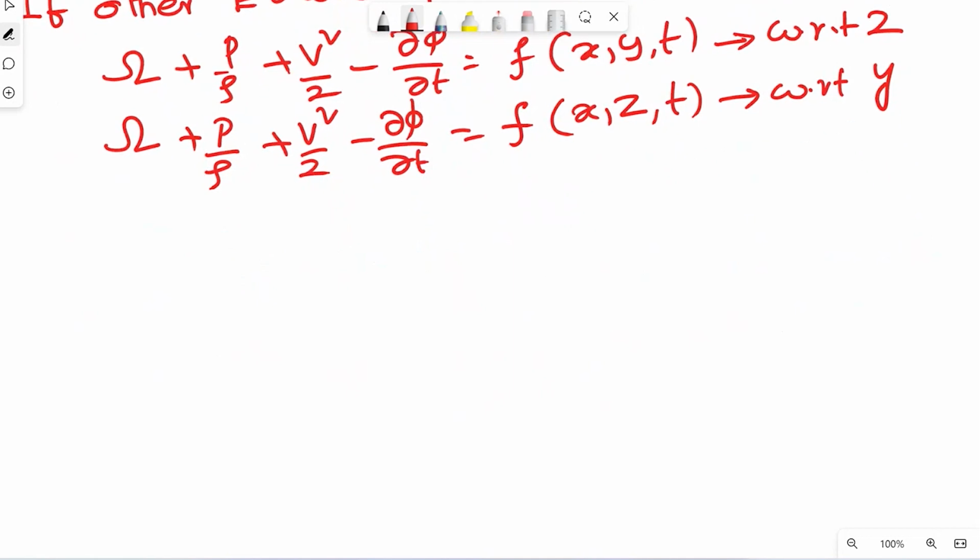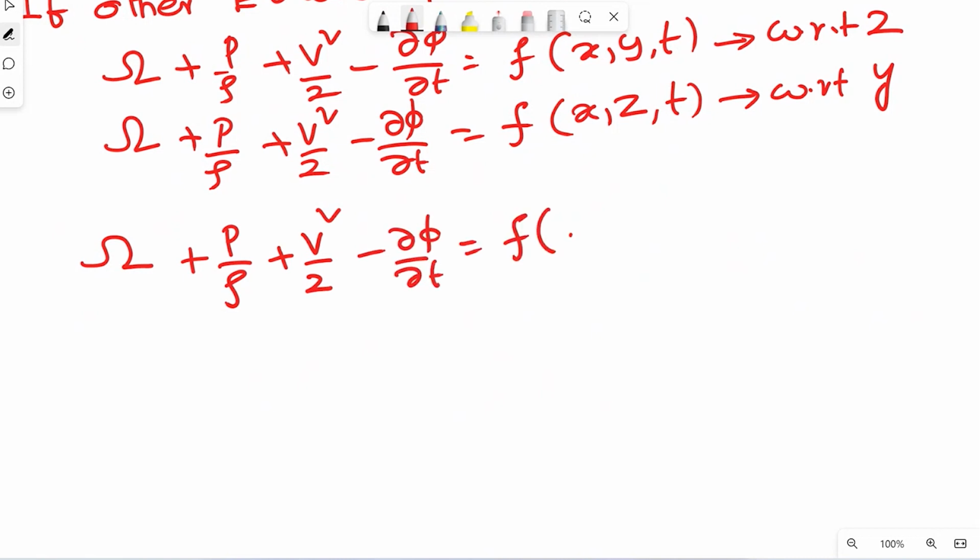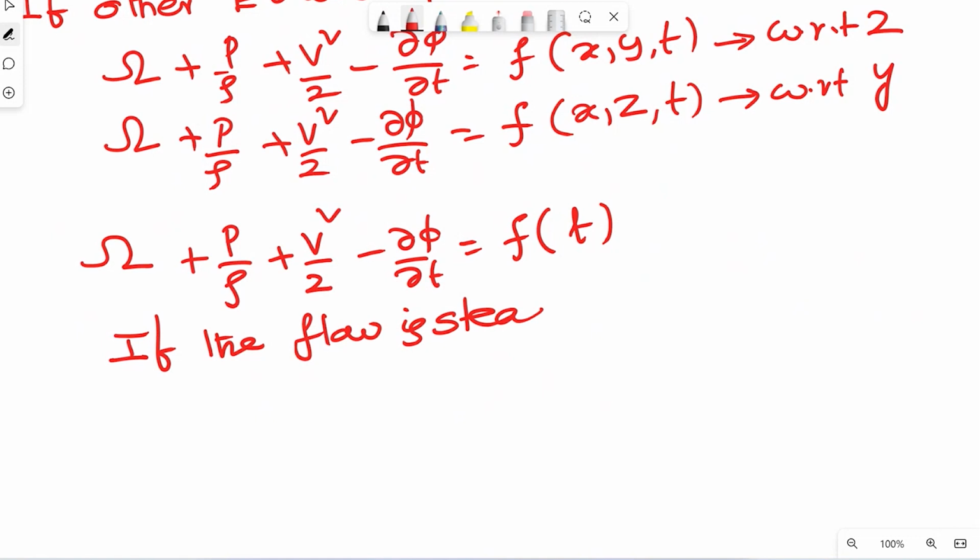Actually, the general format, if I now combine all these things, is Ω plus p/ρ plus V²/2 minus ∂φ/∂t is equal to, finally, only a function of time. Now if the flow is steady, then ∂φ/∂t is equal to 0.